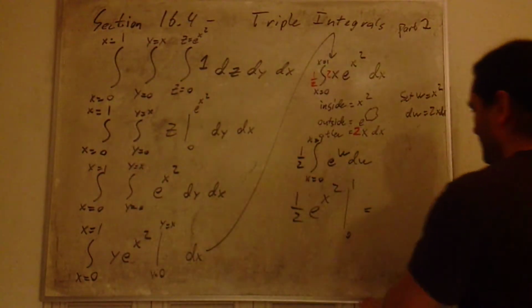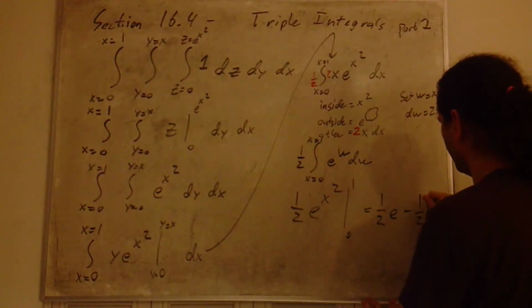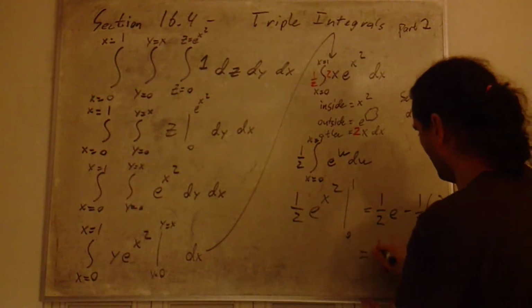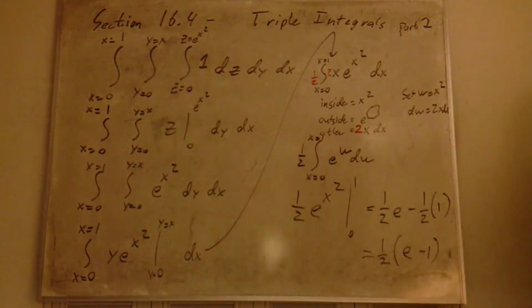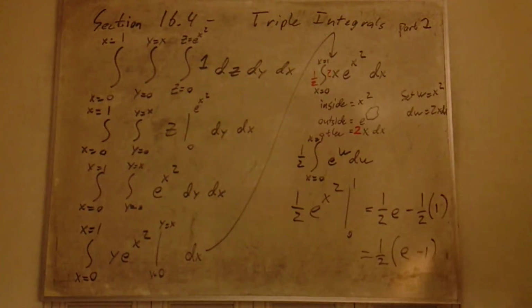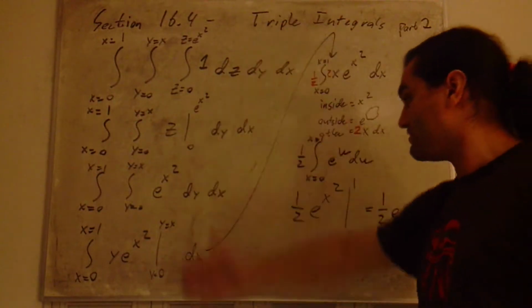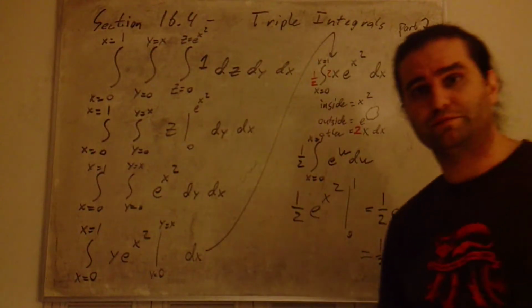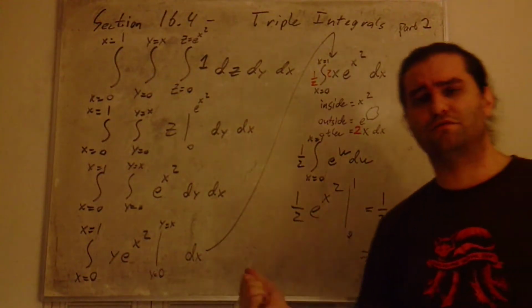So 1/2 e minus 1/2 of 1, or 1/2 e minus 1. And that's all there is to it in terms of the evaluation. Again, the evaluation bit of this is very, very similar to evaluating double integrals.